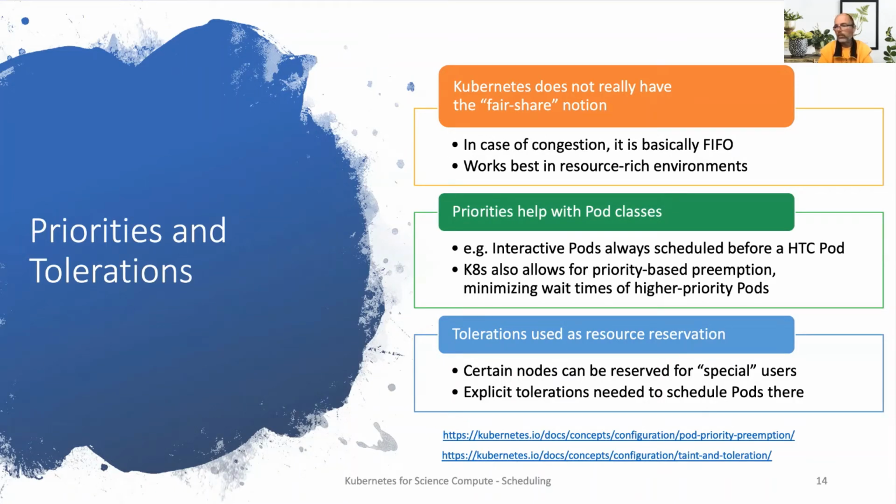So you can mark certain nodes as reserved for special users or special types of workloads. And by default, normal pods will not match there. Only if you have a pod that is explicitly marked as "I need or want to use those resources" will the pod be scheduled there.